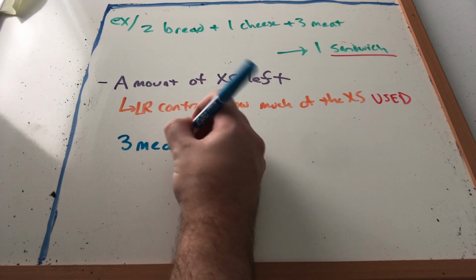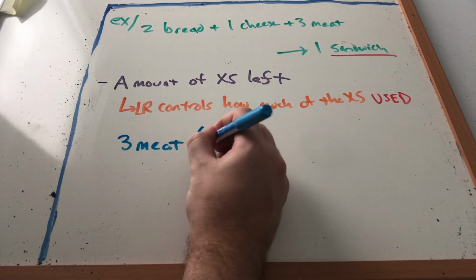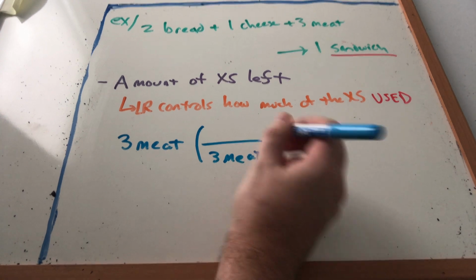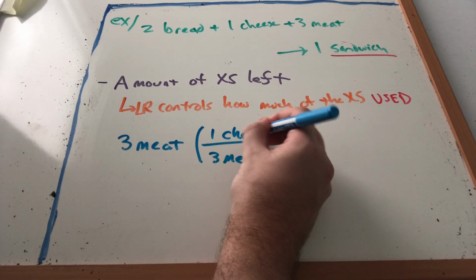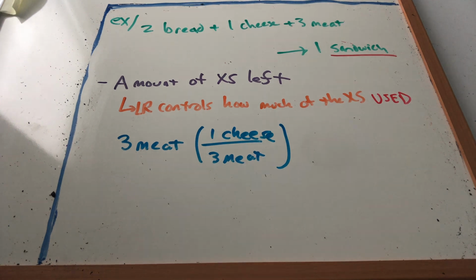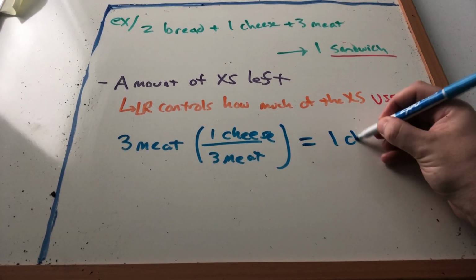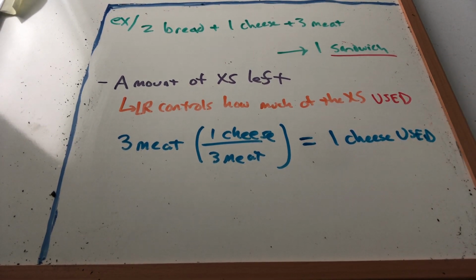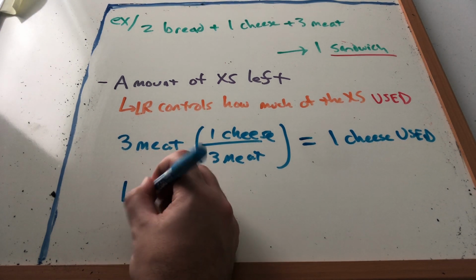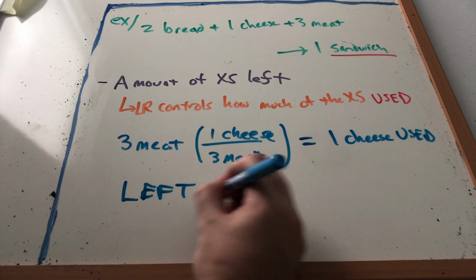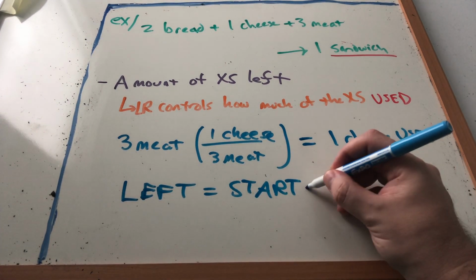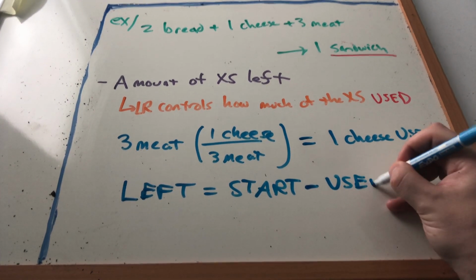So I start with my limiting reactant information, and I use the stoichiometric coefficients to convert over to other reactant information. And when I do that, this is how much of that reactant was used. When I want to find out how much is left, I have to take how much I had to start with and subtract how much was used.